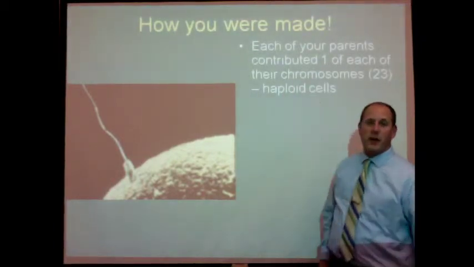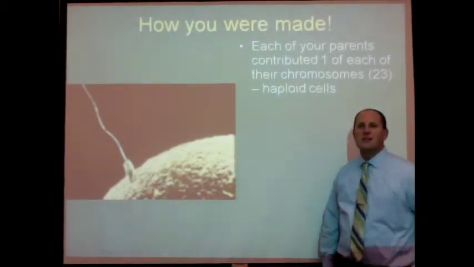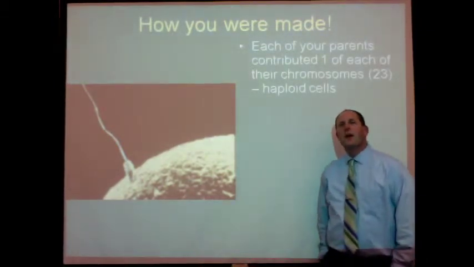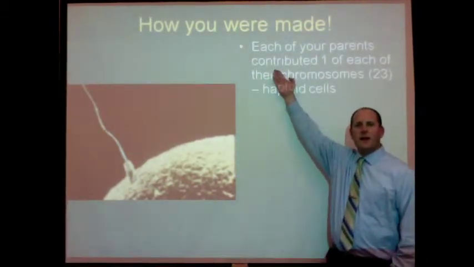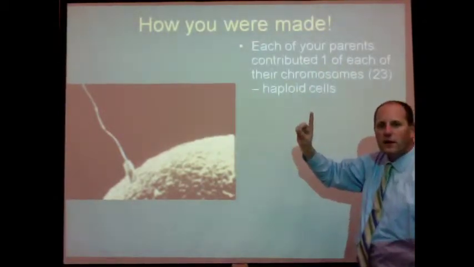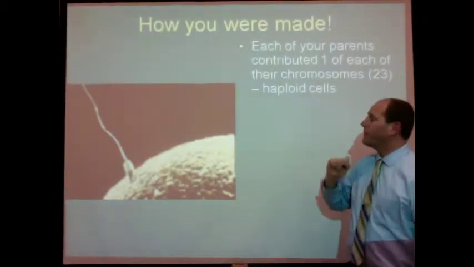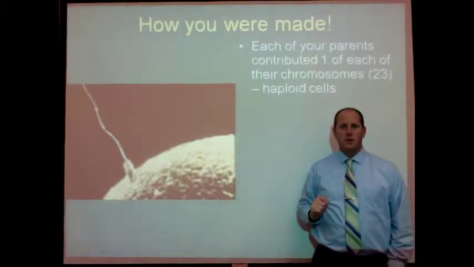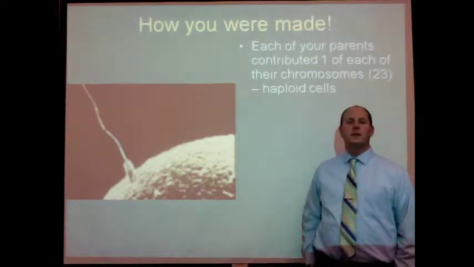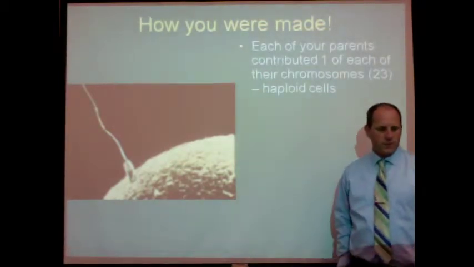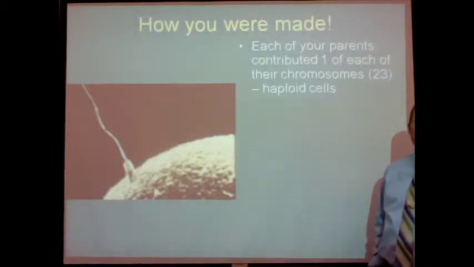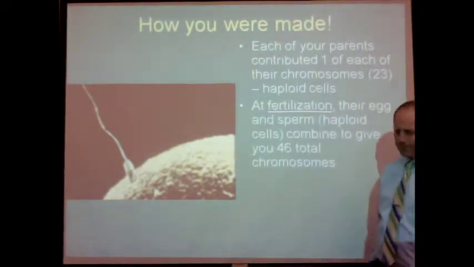So each of your parents, so on the left-hand side, write down how I was made. And then on the right-hand side, each of my parents contributed 1 of each of their chromosomes. So they contributed 23. That's from these 2 haploid cells. So each parent contributes 1 of each of their chromosomes.